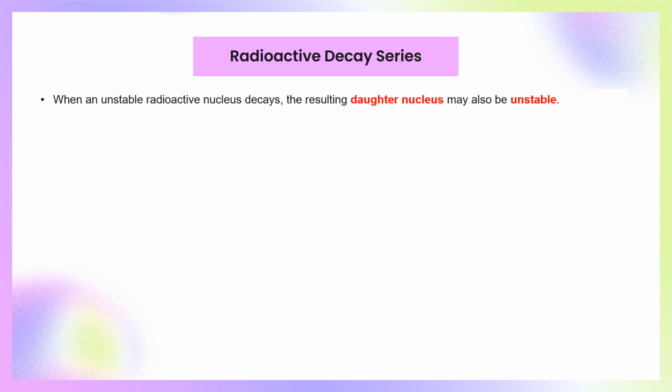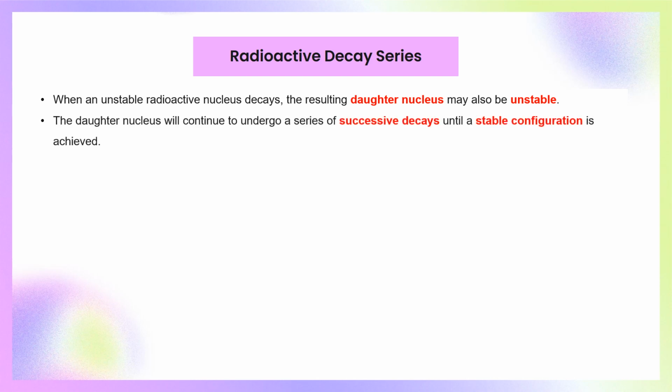As the process continues, you can imagine they will produce more energy and radiation. This process we call radioactive decay series. The daughter nucleus will continue to undergo a series of successive decays until a stable configuration is achieved. During a radioactive decay, some nuclei can emit more than one radiation.